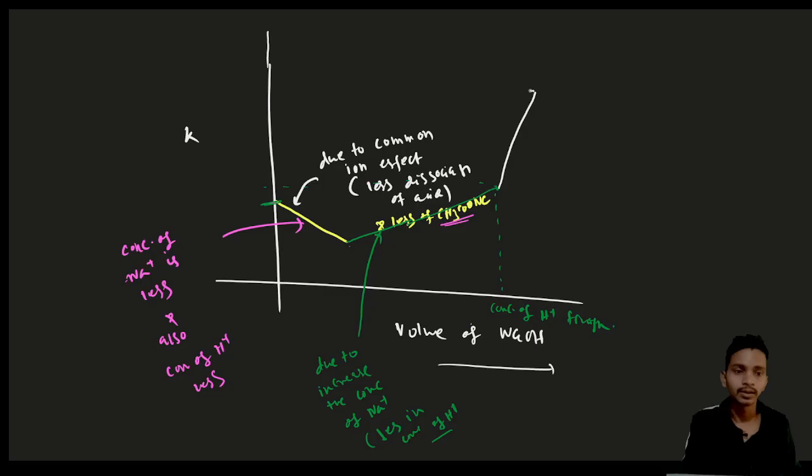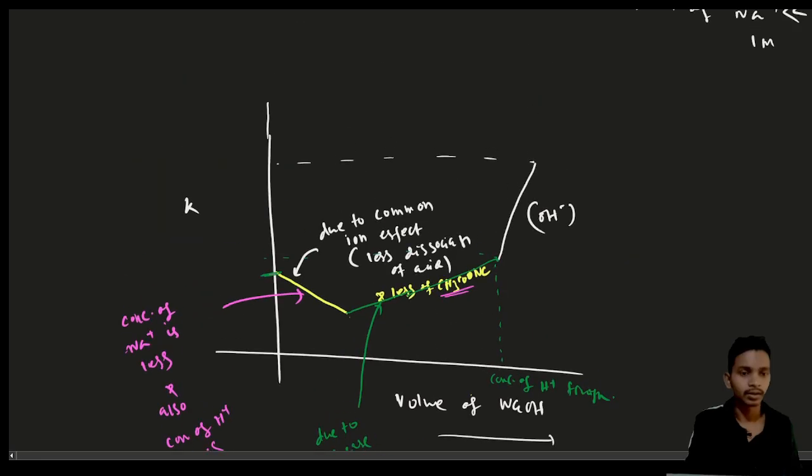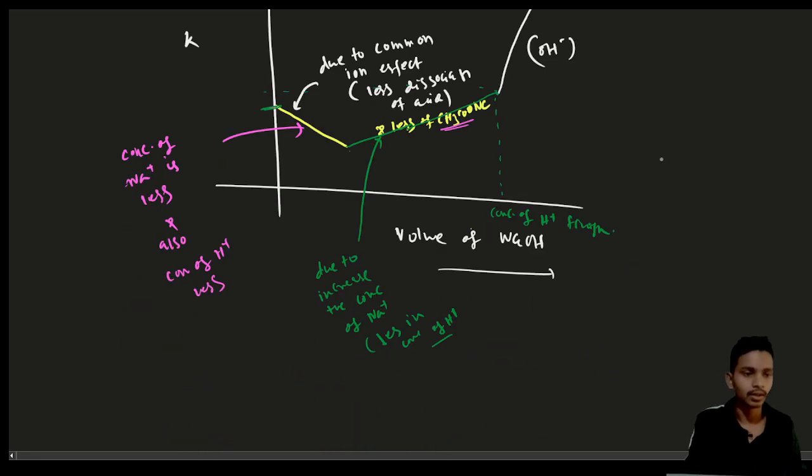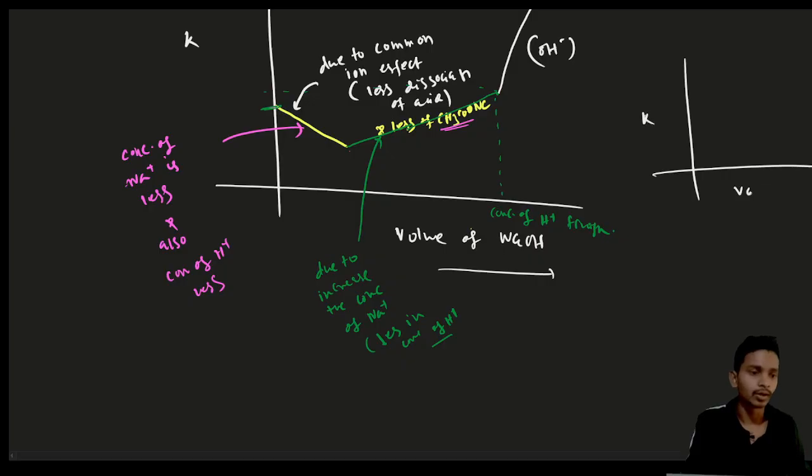Okay, so this is due to increasing of NaOH, or this is due to increase of OH minus concentration. So this graph, if I draw the curve, is against the volume of NaOH.